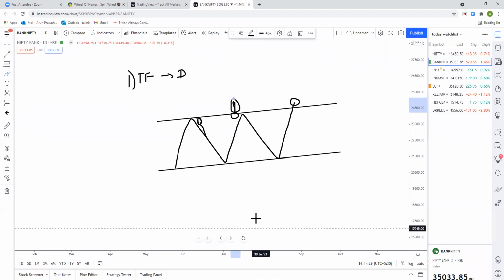Yeah, it is indeed a rejection, but what would have happened during the entire part of the day? Sellers are stronger than buyers. Okay, good. Prices would have actually traded above this trend line for most part of the day, right?